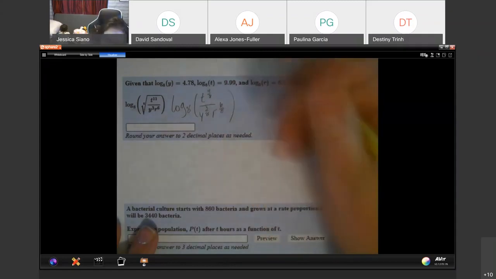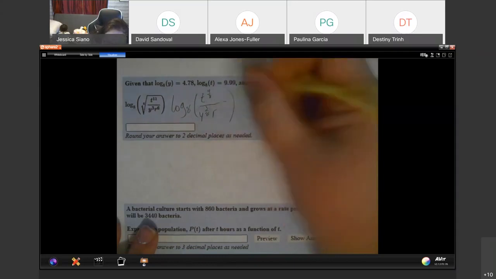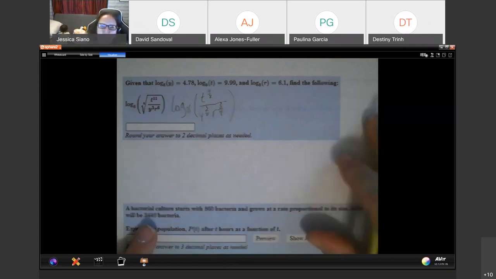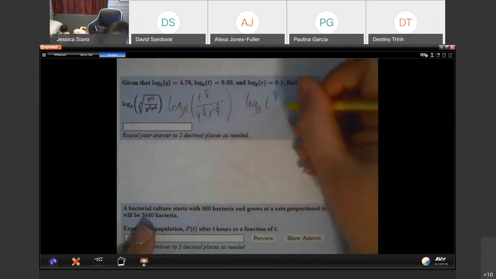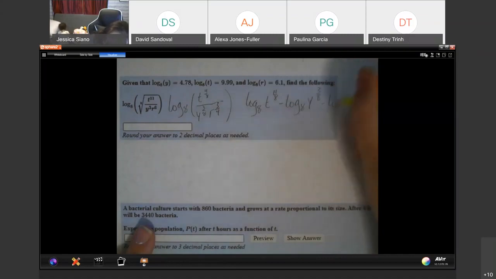But I'm going to make 6 over 8 into 3/4 because that's going to bother me. And so then that would be log base 8 of t to the 11/8 minus log base 8 of y to the 3/8 minus log base 8 of r to the 3/4.